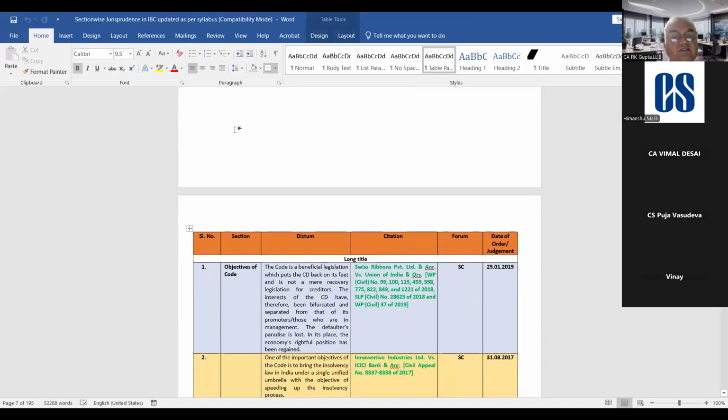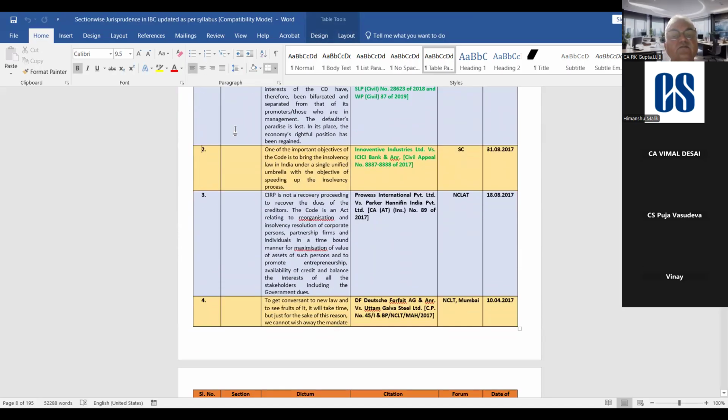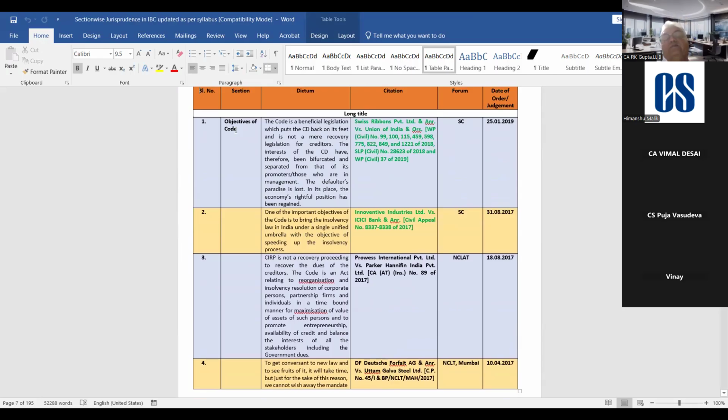Section 1, first case, let us see this case, and it relates to the objective of the code. The case is Swiss Ribbons, and the cases which we have highlighted in green are in our syllabus also. So side by side, we will be having a grip over the syllabus wise case laws also, because 72 case laws are in our syllabus. So Swiss Ribbons is the case in which they said that the code is a beneficial legislation.